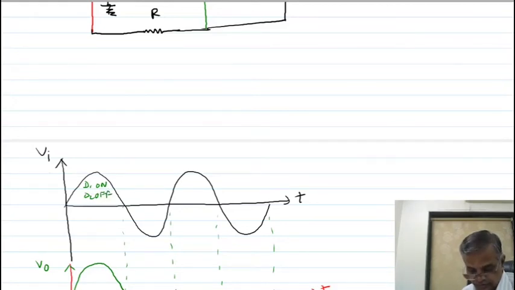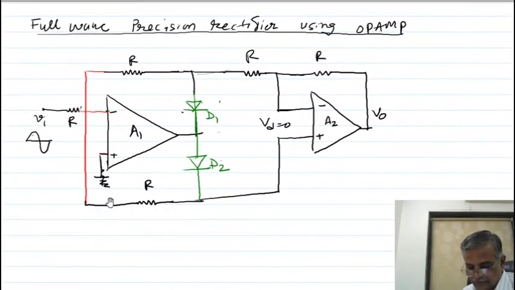Now look at the next case. Sir, when this is negative, what will happen? When Vi is negative, the output of A1 will be positive. When you get positive, diode D1 does not conduct, but D2 will conduct. Why?